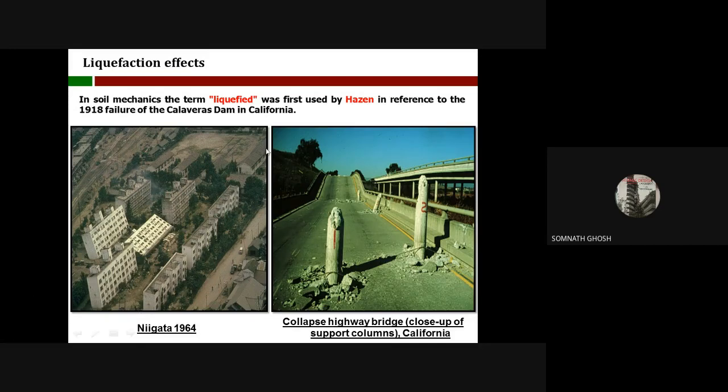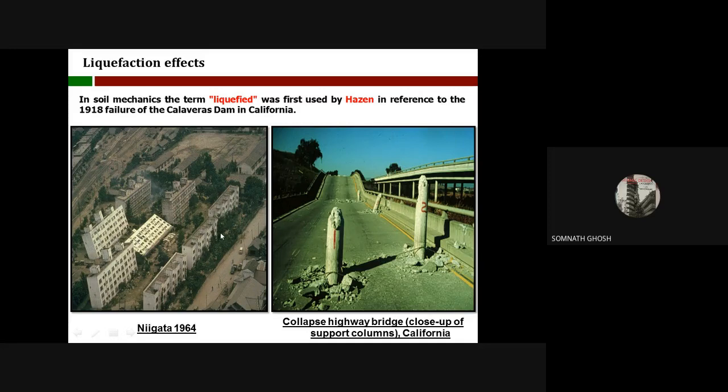Now you see, just see this particular figure, a photograph you have seen on the internet. This is very common. 1964, the buildings collapsed like this. Something has tilted, then it bodily went inside the soil. So different kinds of things. But it is happening maybe under a particular building.